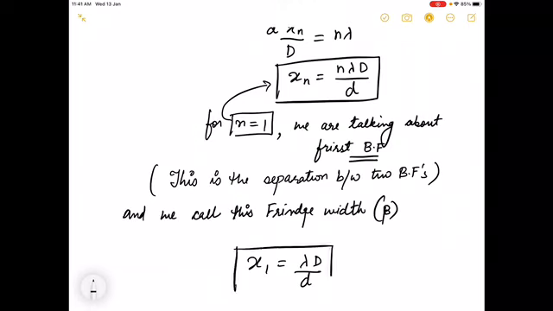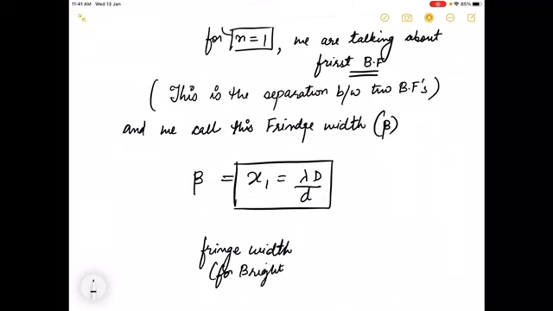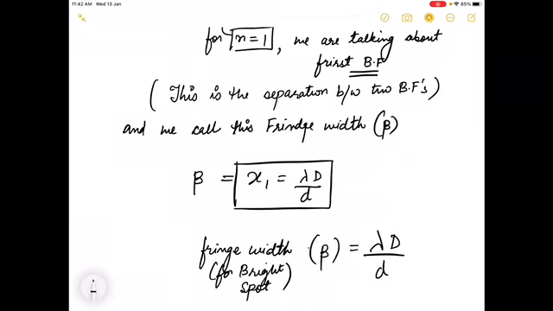This is the distance between two bright fringes, or you call this fringe width, also represented by beta. So the fringe width for a bright spot is given as beta, and that is equal to lambda D by d.